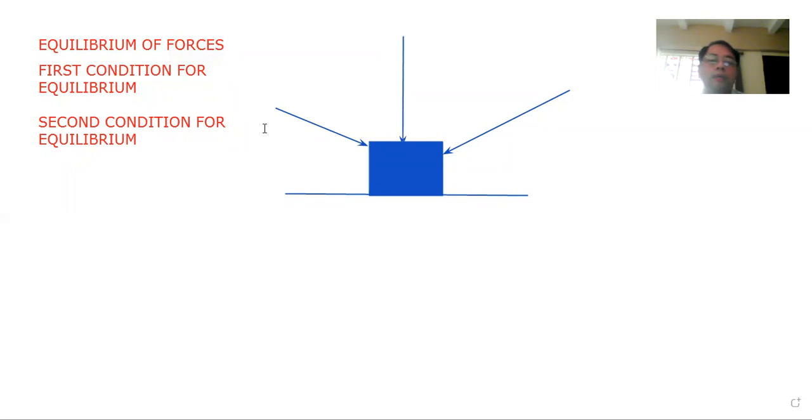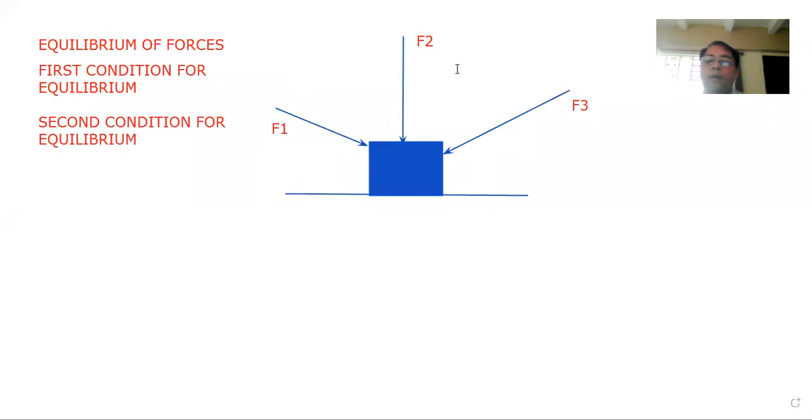So in real life, there would be a multiple set of forces. For example, we can call the varied forces F sub 1, maybe F sub 2, F sub 3. These are the different forces that go into the body.